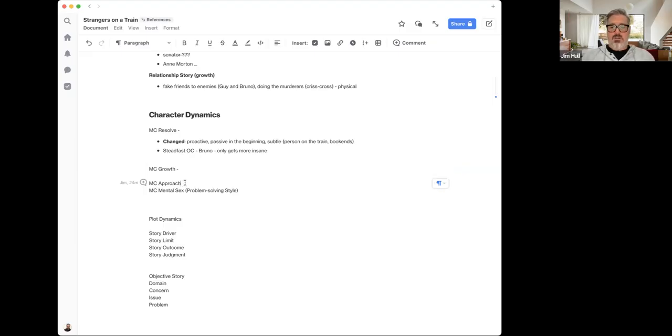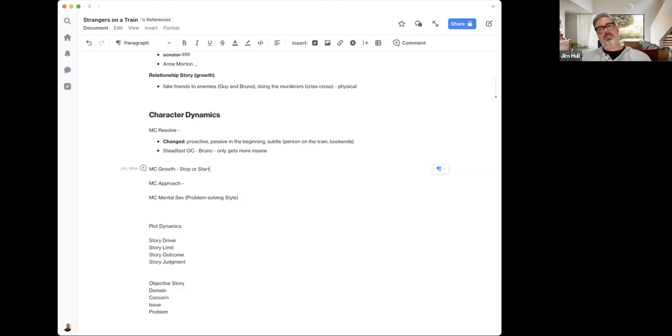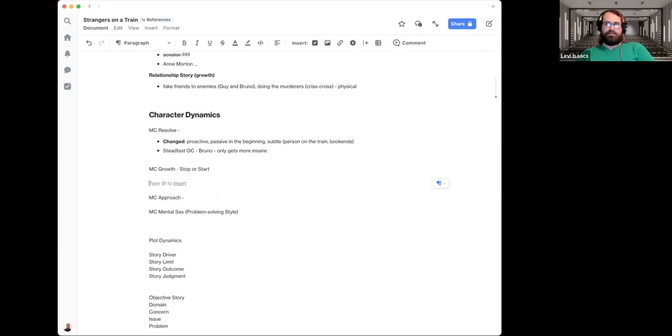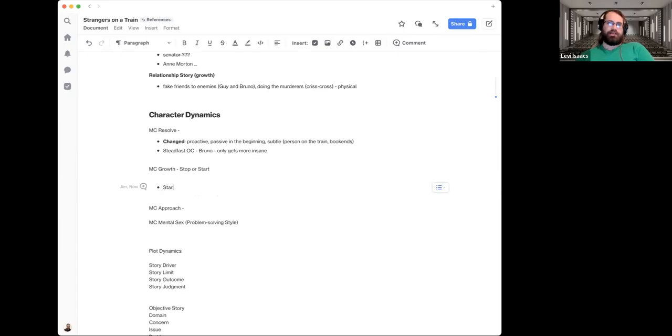All right, well, usually Chris likes to skip the growth, but I'll throw this in here just because we're going through. That one is the changed resolve, whether Guy is growing out of something or growing into something. Does anybody have any thoughts on that? My instinct says start. It feels like moving from passive to active or more active. Okay.